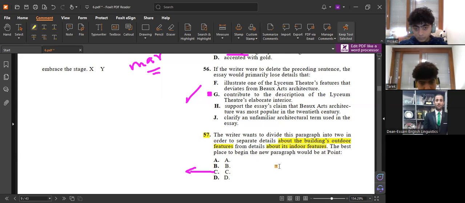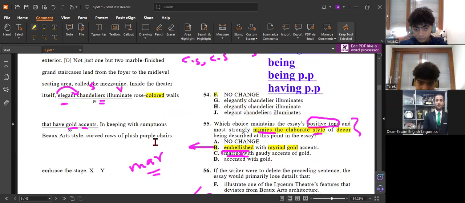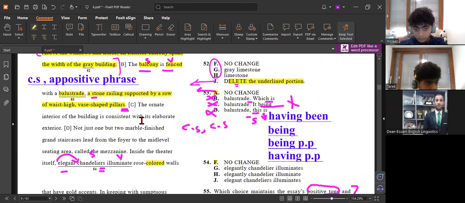Where is the beginning of the paragraph that talks about the second? So always focus on the second. Where is the beginning of the second one? It talks about indoor, not outdoor. Now let's see if it is correct or wrong. Look, isn't it interior, indoor, inside? Yes or no? Look, inside. That means you should start from C, not from D.